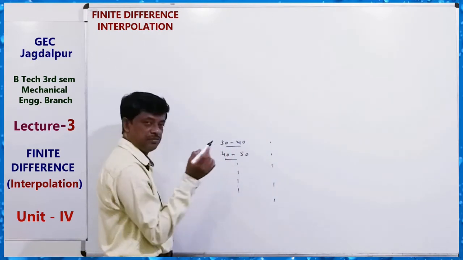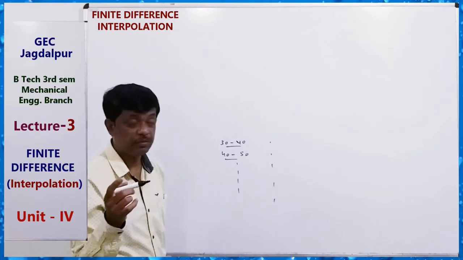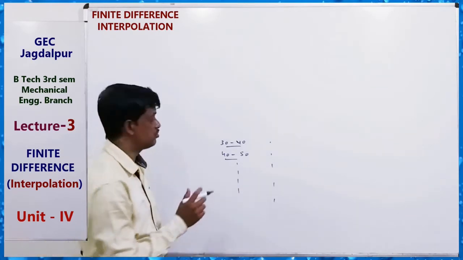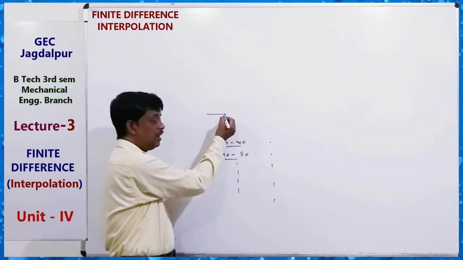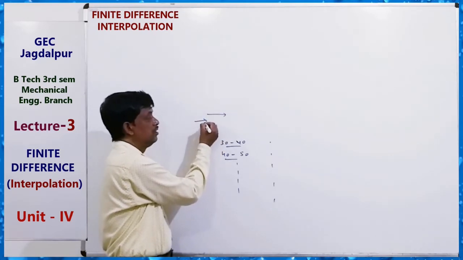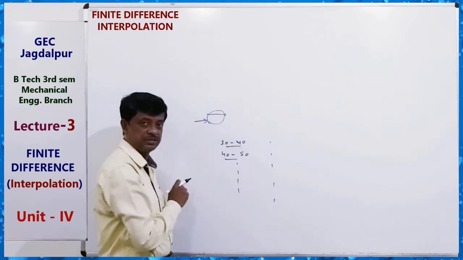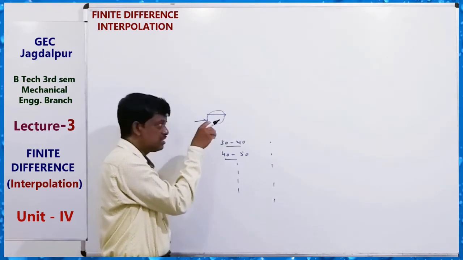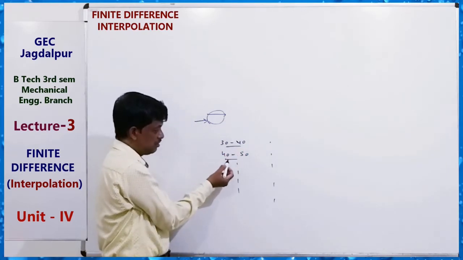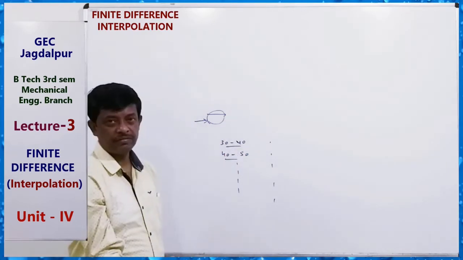So here we can prepare the table, because marks between 40 and 45 means what? Marks less than 45 and marks less than 40. The number of students obtaining marks less than 45, that is why 45.